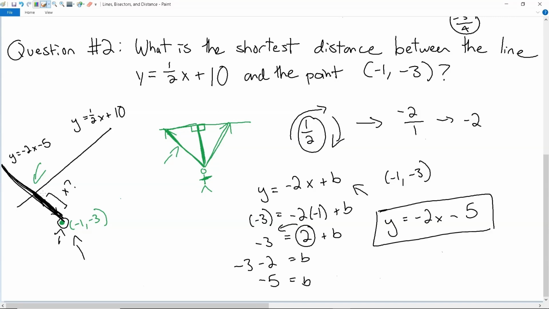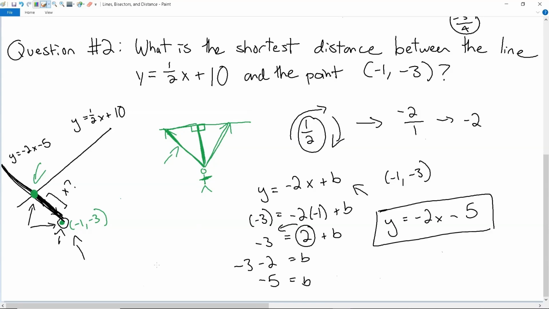But we still need to figure out a point where our two lines intersect. And that would be right around here. The reason why we need that point is because we're going to use that point to solve for the distance between these 2 points, and that should be the shortest distance that we're looking for.